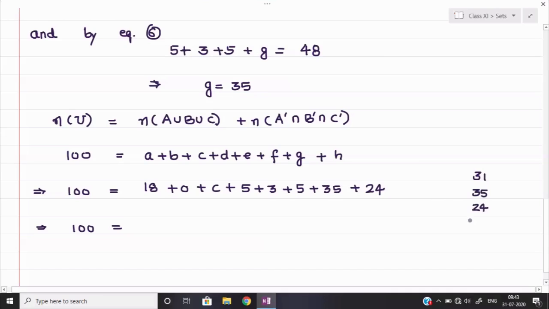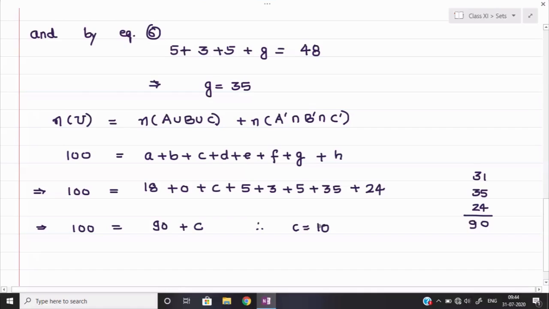Let us check: 18 plus 5 is 23, 26 plus 5 is 31, 5 plus 4 is 9, 10, then 4 plus 3 is 7, 7 plus 2 is 9. So I think it is coming to 90. 90 plus C, so the value of C will be 10. This is the value of C, I suppose.